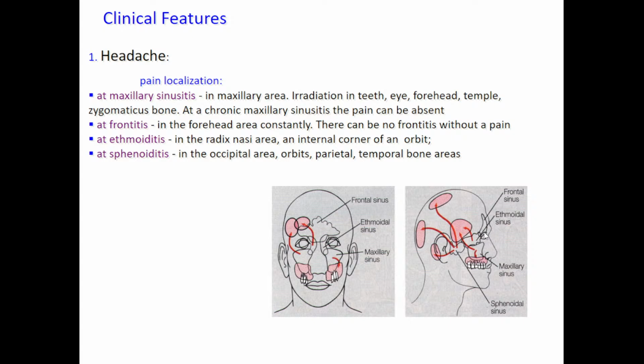It may irradiate to the orbit, temporal zone, parietal zone, occipital zone. But more common in the case of sphenoiditis is the pain irradiation to the occipital region and in the eye.